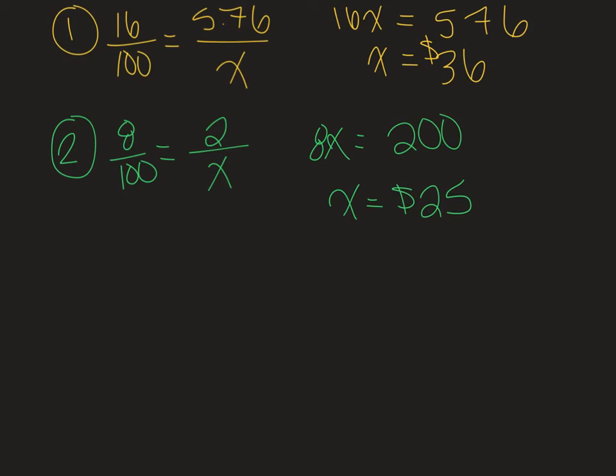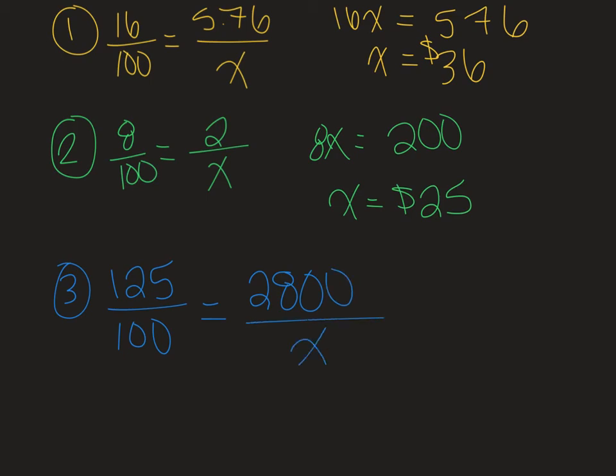Number 3, we have the $2,800 actually spent on a construction job was 125% of the original estimate. So what is the original estimate here? So we know that the percentage is 125%, so 125 over 100. They actually spent $2,800, and we don't know what the original estimate was, so we're going to figure that out.